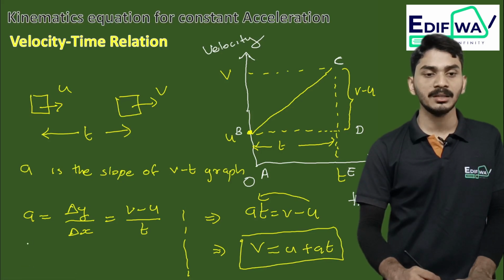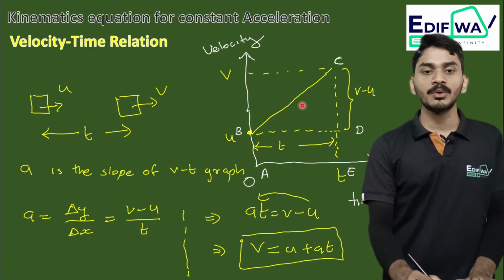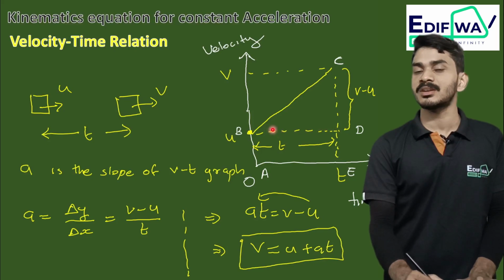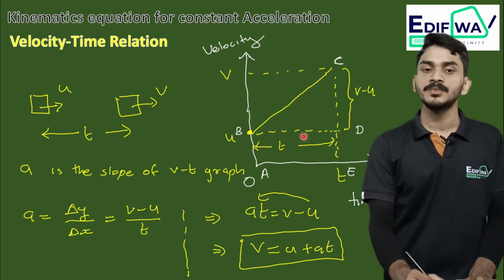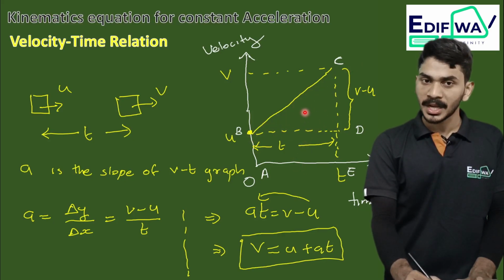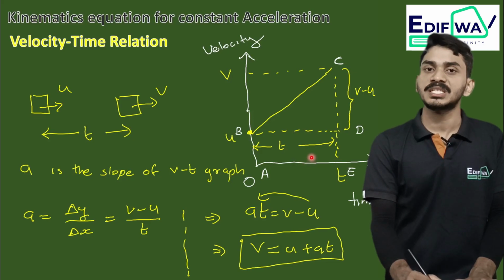The area can be found as the area of this triangle plus the area of this rectangle. Am I right?